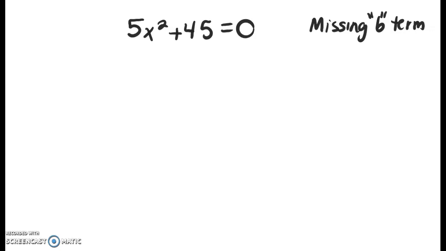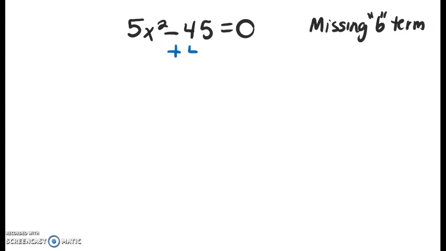So, in here, I'm going to make this a little easier of a problem. I'm going to subtract 40. It's going to be 5x squared minus 45 is equal to 0. I put a plus sign and I meant to put a minus sign.